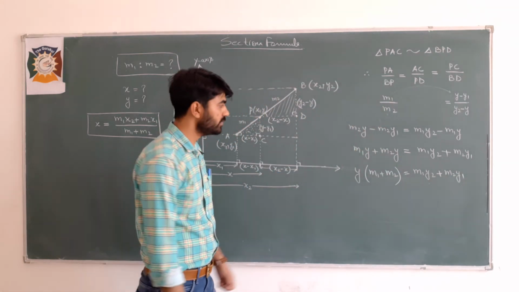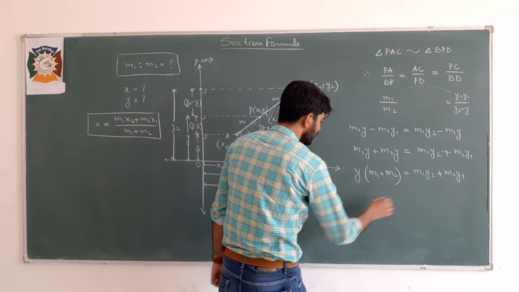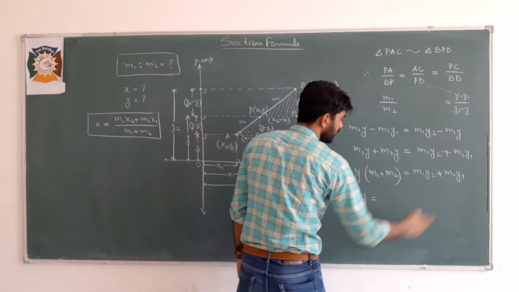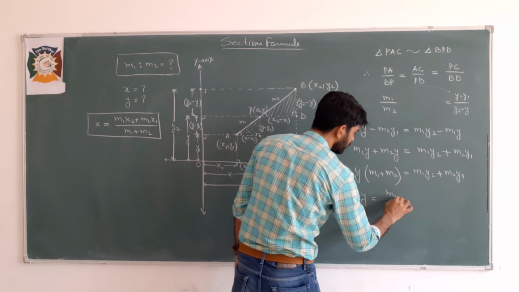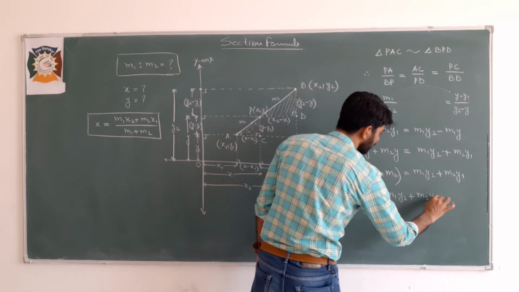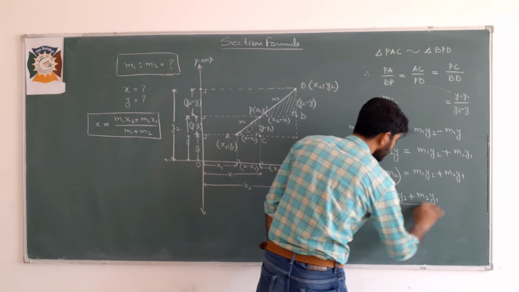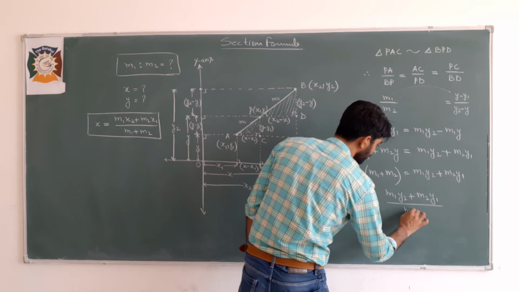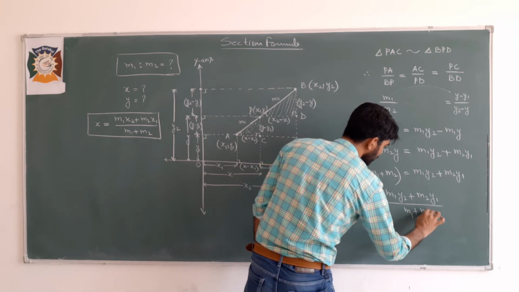Okay. Now y we have taken common, so y is equal to, this will go in the denominator, so m1 y2 plus m2 y1, okay, divided by m1 plus m2.